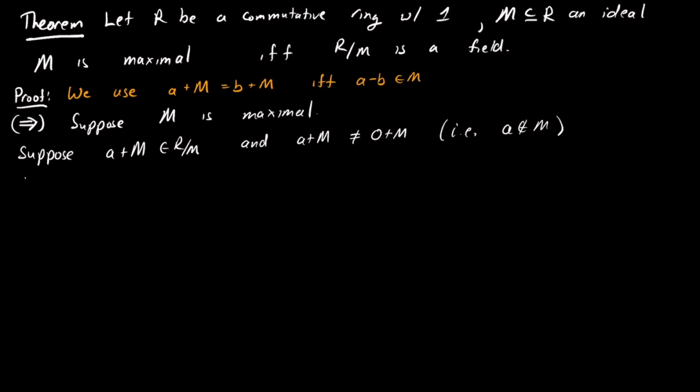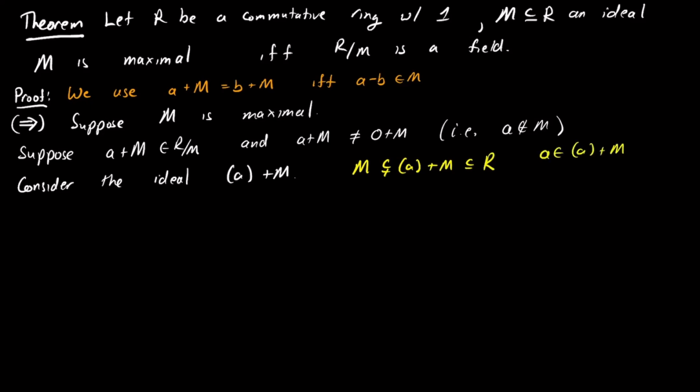So I'm going to use the lemma, and I'm going to say consider the ideal generated by a plus M. And the thing to note about this ideal is that M is a proper subset of the ideal generated by a plus M, which is a subset of R. The thing to notice is that a is an element of this new ideal we've just created, but a is not an element of M itself.